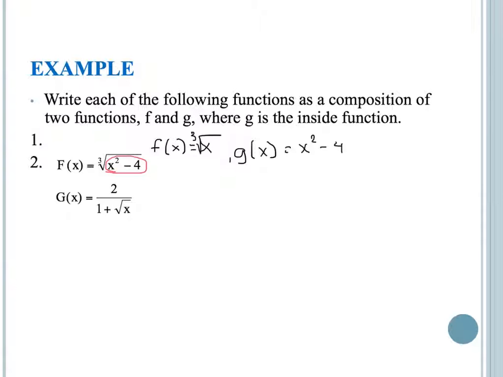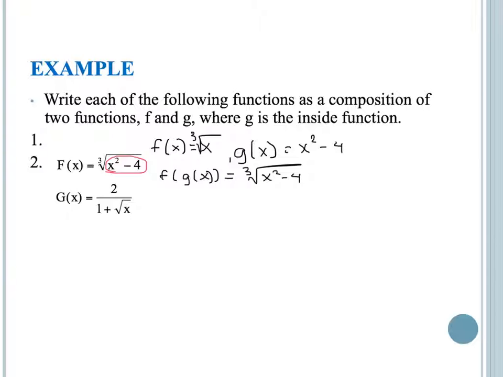So if I did this as f of g of x, I would be taking the x squared minus 4 and plugging it into my f function. And lo and behold, I would get what we started with. I'd like to apply the same thinking to the second equation we have here.